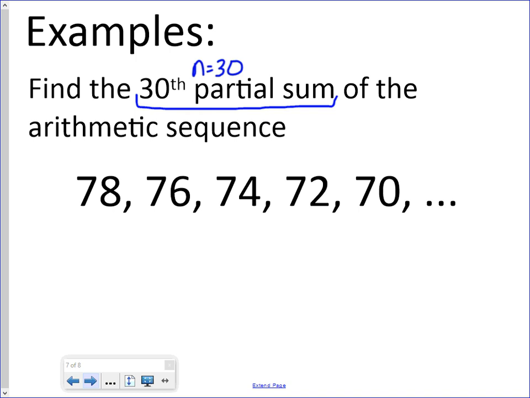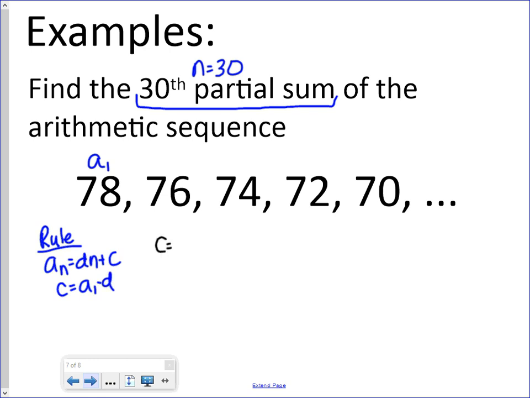Now, on this problem, I can easily spot a sub 1, that's 78, but I maybe have to do a little bit of work to find my 30th term. To find a term that's a little bit further out, I'll write my explicit rule for this sequence. A sub n equals dn plus c, where c is equal to a sub 1 minus d.